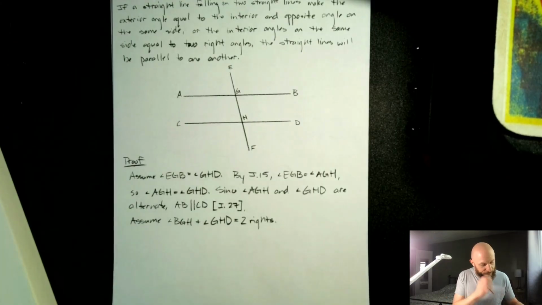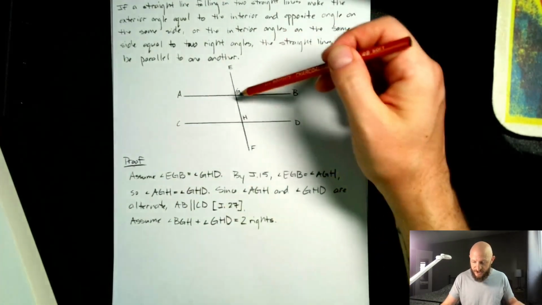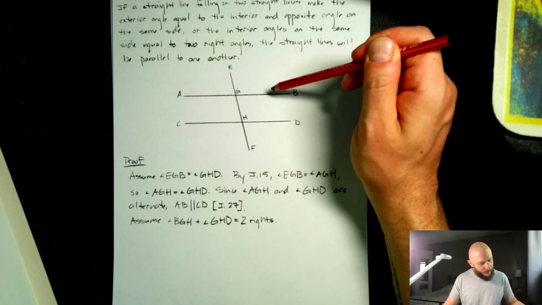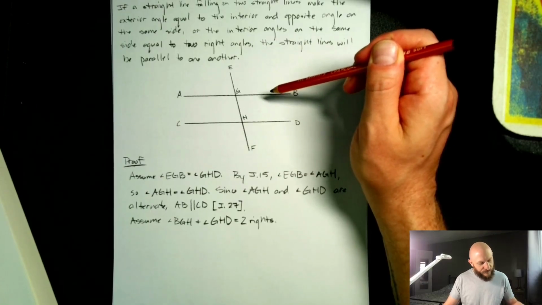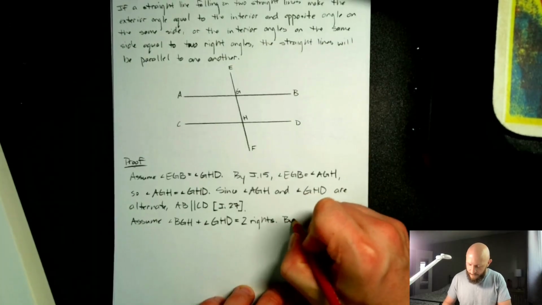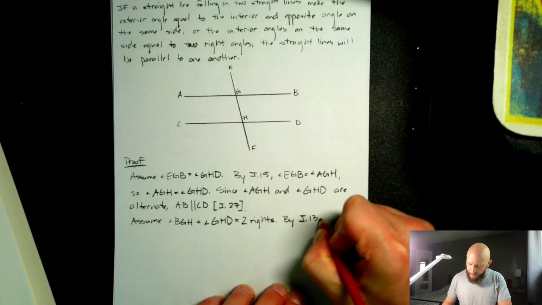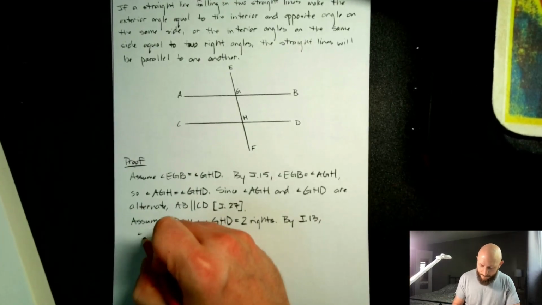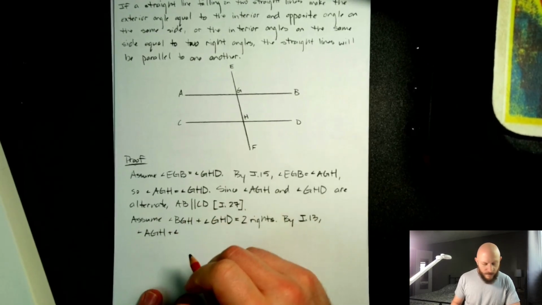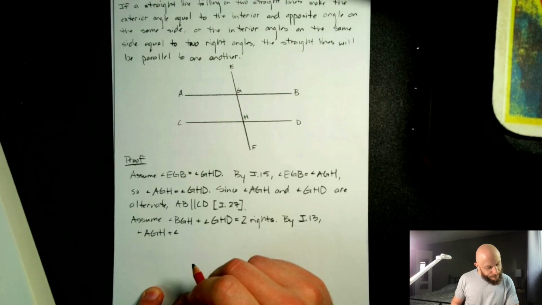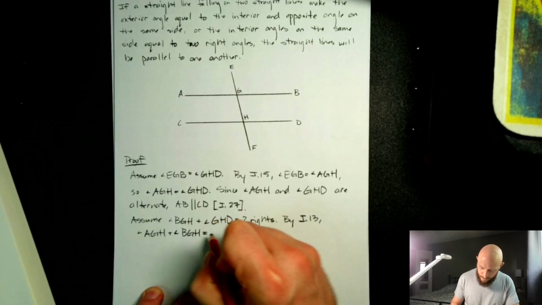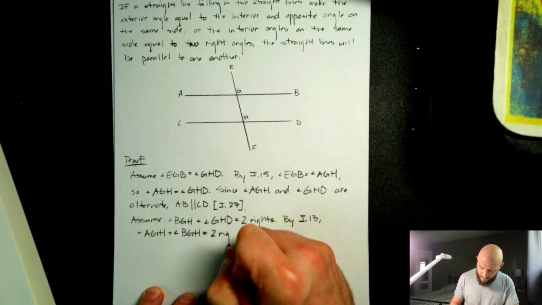Well, what else do we know? We know that AGH and BGH form, yeah, here comes Proposition 13, two right angles. So by Prop 13, we know that angle AGH plus angle BGH equals two rights.